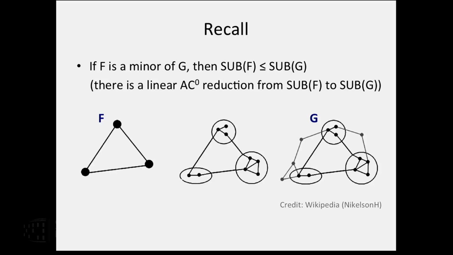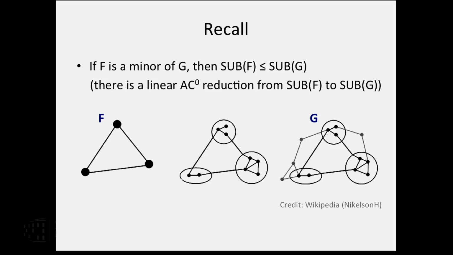Okay. So we're now going to really exploit this minor monotonicity of the colored subgraph isomorphism problem. I mentioned this earlier, but let me say it in somewhat more detail now. First of all, what is a minor of a graph?